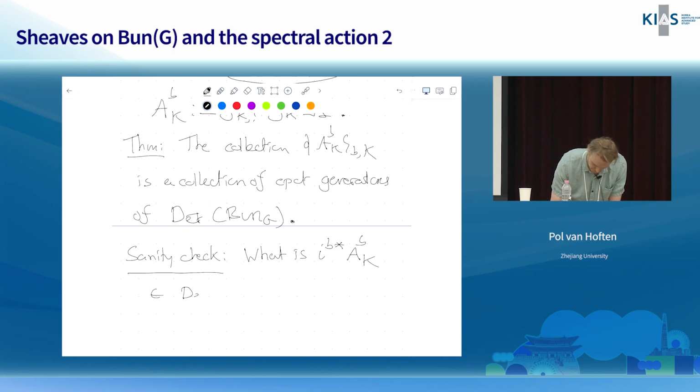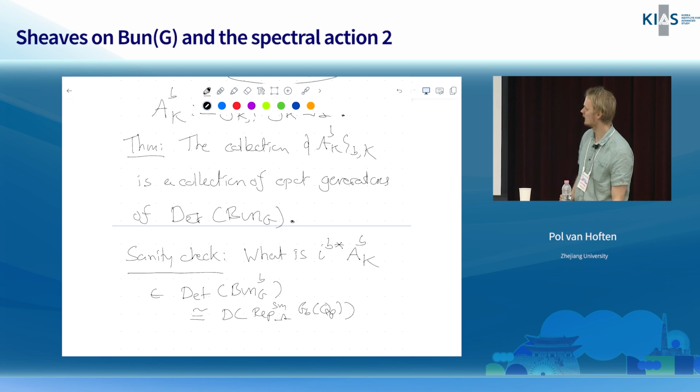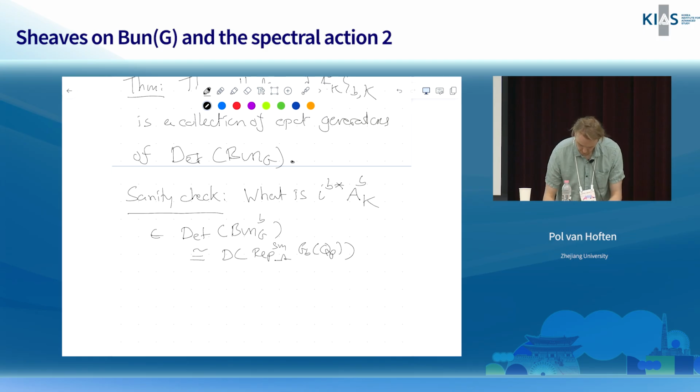Okay, so this is an element of D_et of Bun G^b, which we identify with the derived category of smooth representations of G_b(Q_p). Okay? And then my claim is that this is, again, this compact induction.